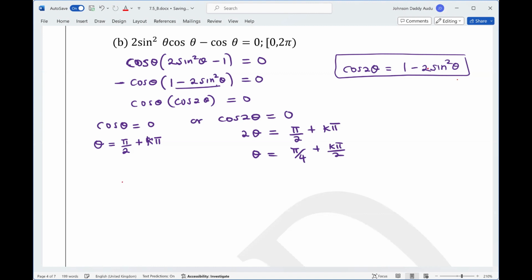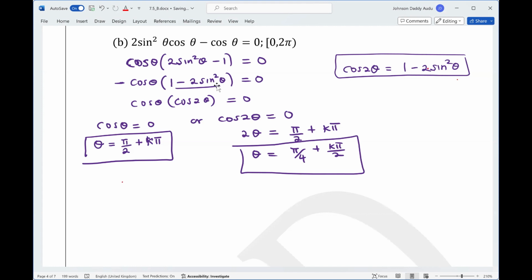And here also, theta is already fine, so we don't need to multiply anything here. So this is just our solution. But we're looking for solutions between 0 and 2 pi. So as you can see, if we substitute k equals 0 from this part, we will have pi over 2.